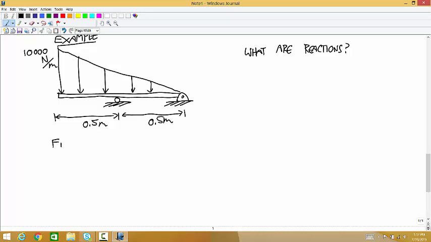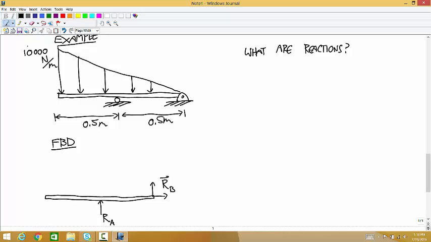Okay, so free body diagram. At the right end, that pin joint applies a full force vector. I'll call that RB, that's a vector. The roller applies an upward force. I'll call that RA.